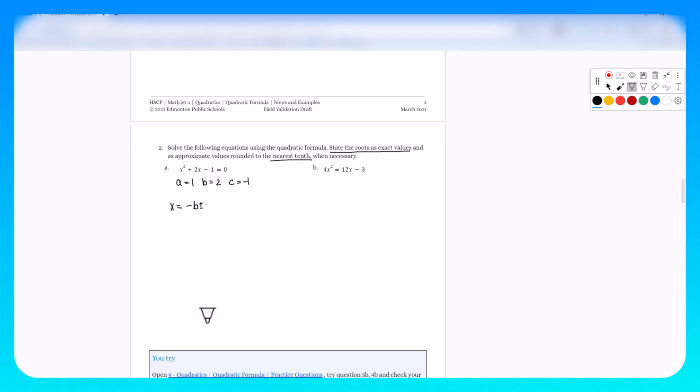So our x value is going to be -b. I'll just write out the formula here so you can see it. There we go. So we go -b plus or minus the square root of b squared minus 4 times a times c, all over 2 times 1.